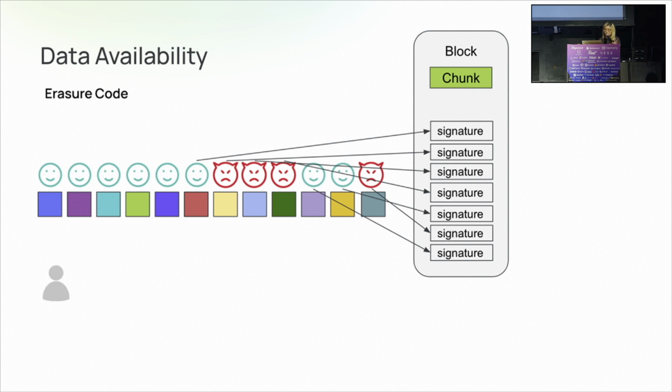So when another node wants to request the original chunk, they only need to gather these chunk parts from these validators, and the original chunk content can be recovered. That is because of the way erasure code works.